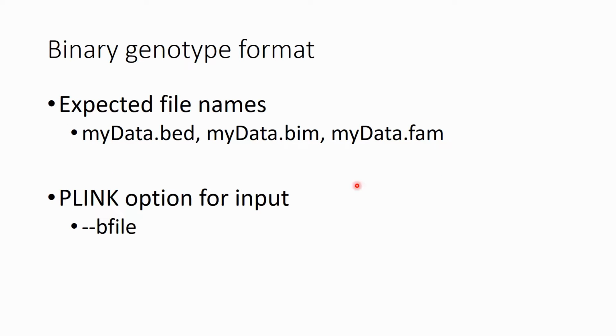These 3 files should be present in your directory so you have the complete information about your genomic data. We will go into the details of these files in a minute. If you want to work with the binary genotype format in PLINK, you have to use the --bfile option.